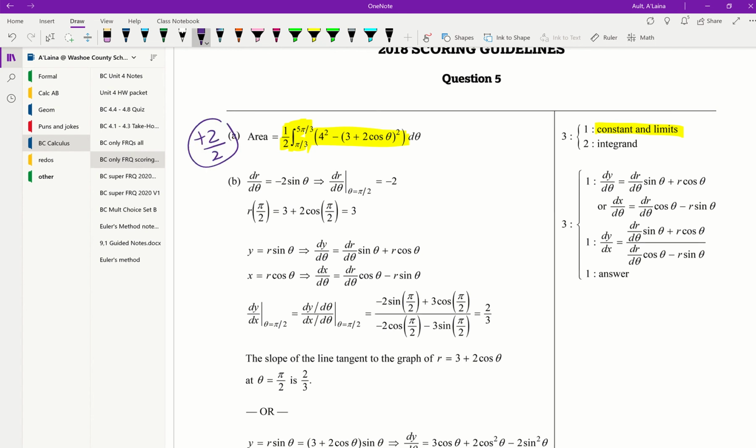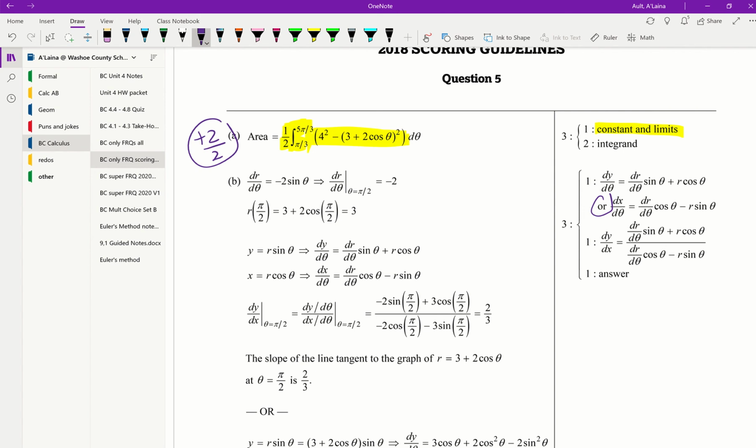All right, part B. Having the equation for the derivative of y with respect to theta and x with respect to theta is going to get you 1 point. Even if you didn't do them both correctly, you just need one of those. And then the second point comes from dy over dx. Now, what if you jumped right to dy over dx? It's fine.